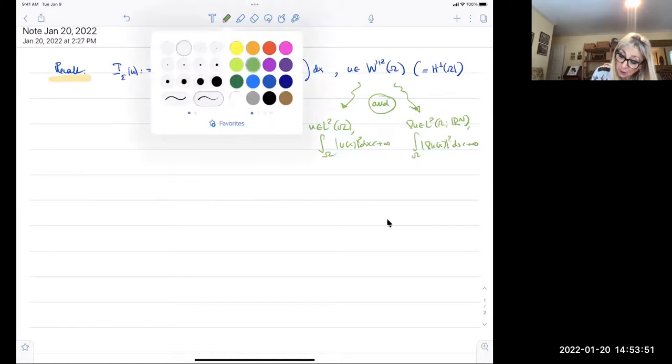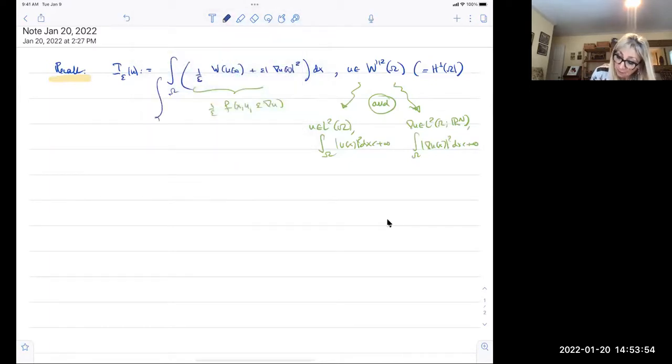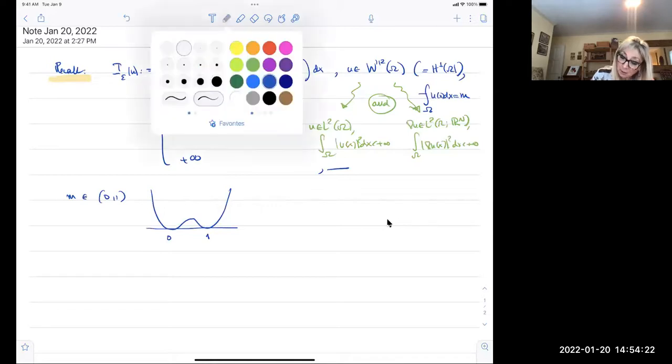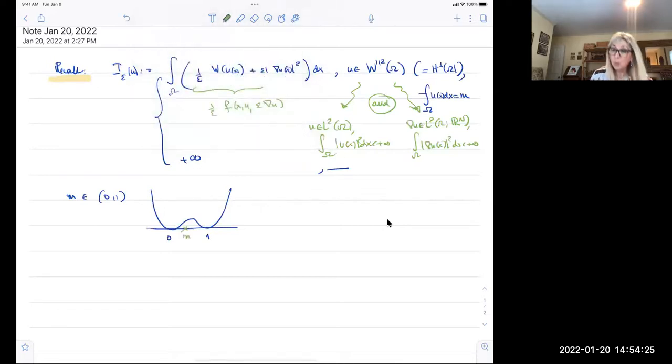And in addition to that, we are also assuming that we have a mass constraint, which is that the integral, the average of u, is some fixed number m. I'll set the energy to be plus infinity otherwise. And the m here is going to be a number somewhere between the two zeros of W. W is the potential well. So that m is going to be somewhere in what we call the spinodal region, in between the two low energy phases.